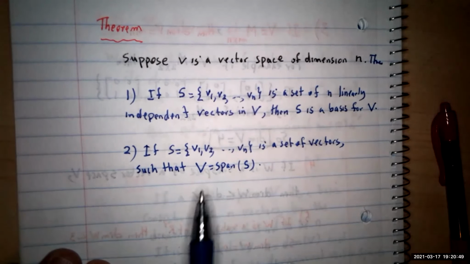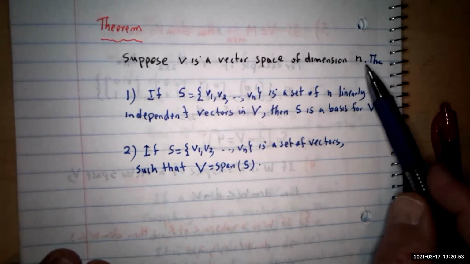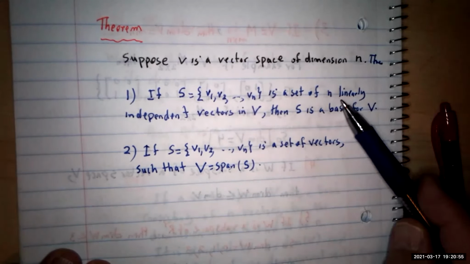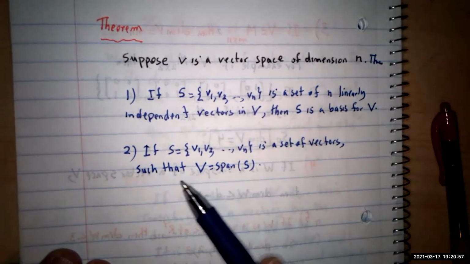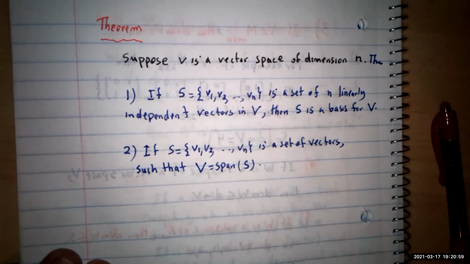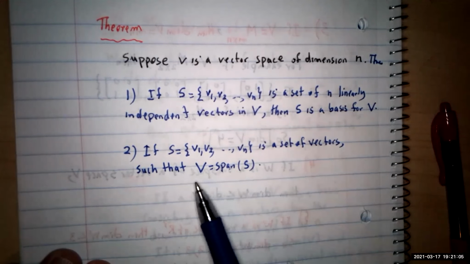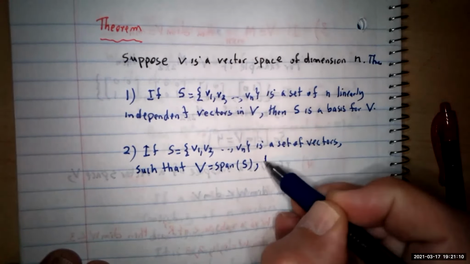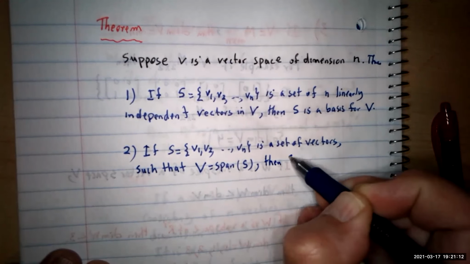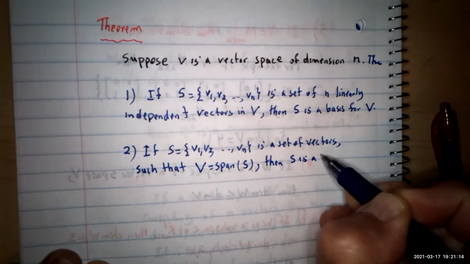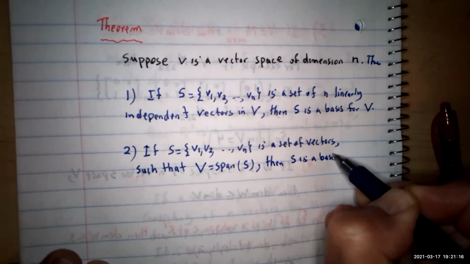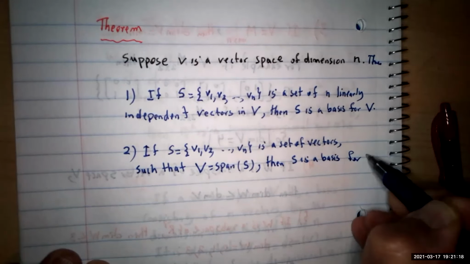So you don't have to prove they're linearly independent. When the dimension is n, linear independence and spanning are equivalent: if you have one of them, you get the other. So if S is a set of n vectors such that V is the span of S, then automatically S is a basis for V.